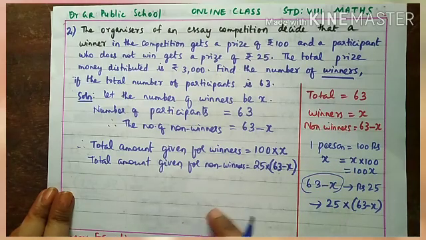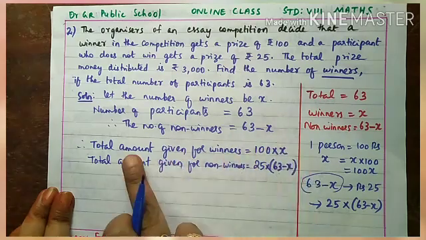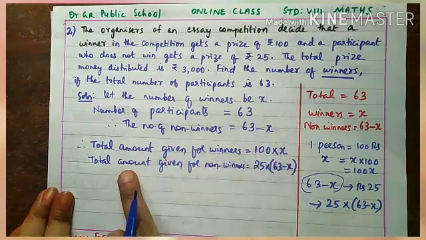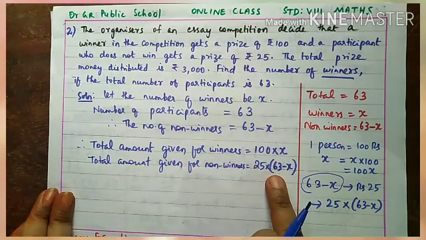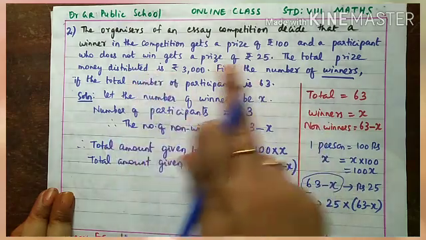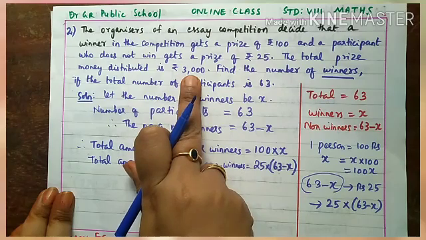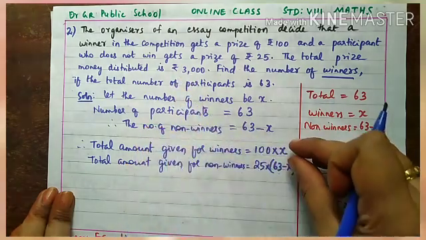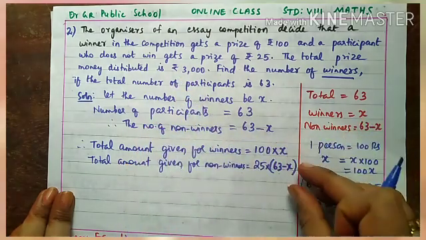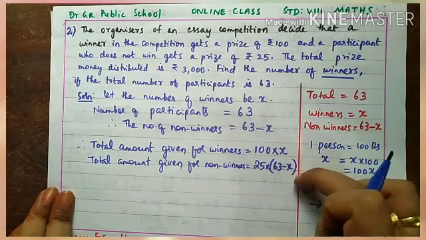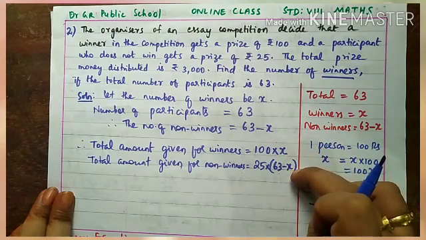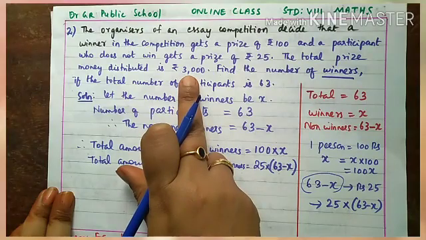Okay, so now we got the amount given for winners and the amount given for non-winners. Now you again come to the question. The total prize money distributed is 3000 rupees. What do you mean by that? The amount given for winners and the amount given for non-winners, these two amounts we are adding, we get the total 3000.